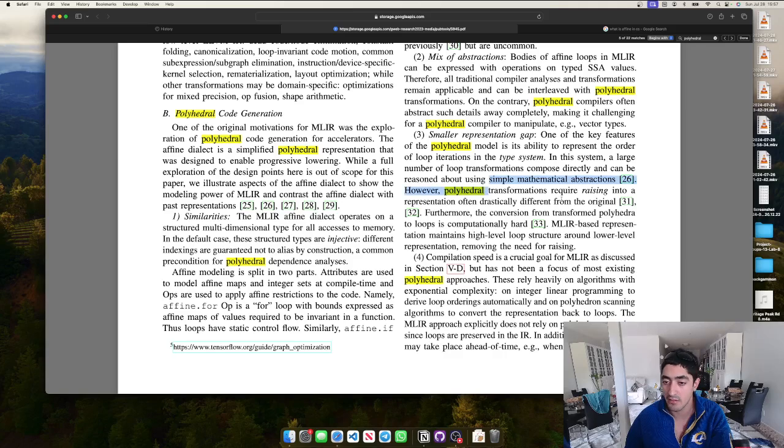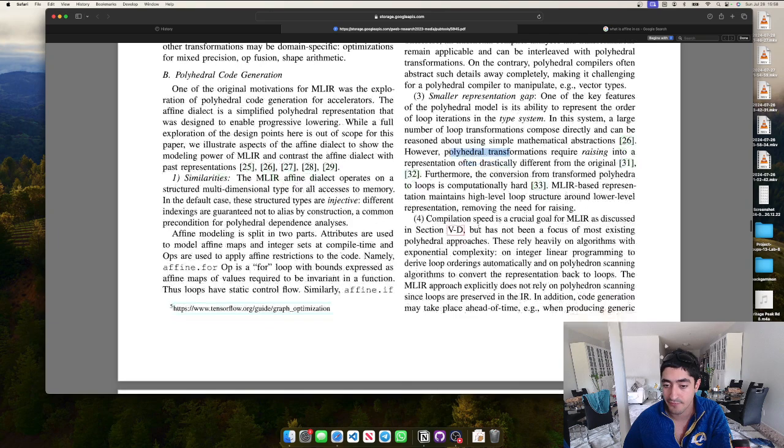However, polyhedral transformations require raising into a representation often drastically different from the original. Furthermore, the conversion from polyhedral to loops is computationally hard. The MLIR-based representation maintains high-level loop structure around lower-level representation, removing the need for raising.